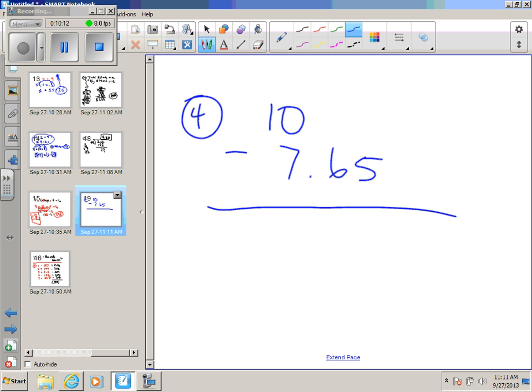Okay, if I've got $10 and I spend $7.65 on one of these videotapes, remember I need to put down the zeros there because I'll need something to borrow from. All right, so 10 is 5, 9 is 3, is 2.